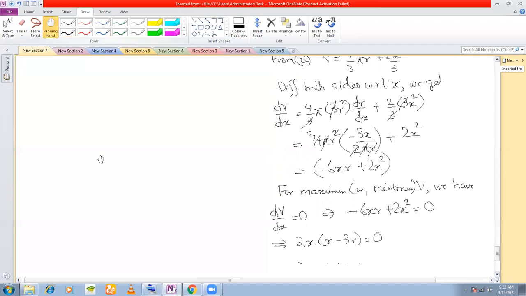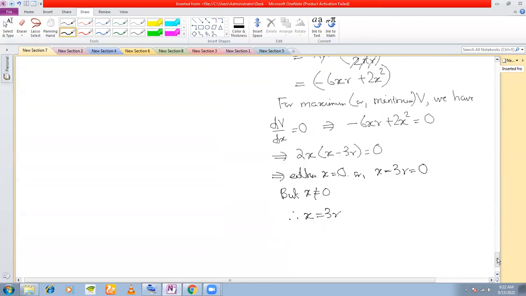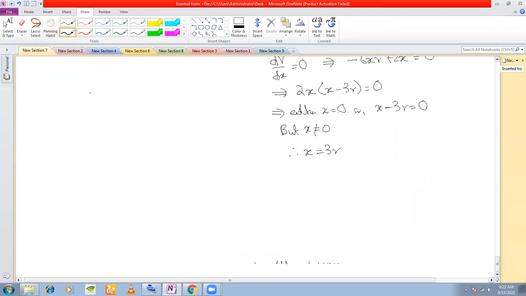That means either x is equal to 0 or x minus 3r is equal to 0. But x cannot be equal to 0. Therefore, x must be equal to 3r. Right? Now we have got a relation between x and r. So for maximum and minimum volume, x must be equal to 3r. Now whether it is maximum or minimum, we find out with the help of the second derivative test. So we differentiate once again, d2v dx2.